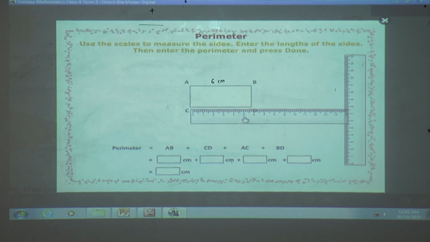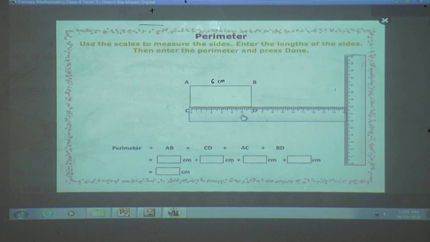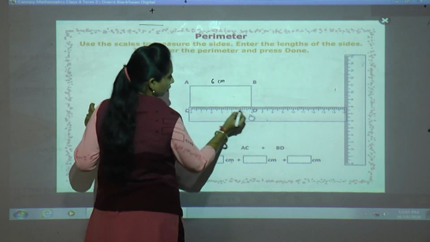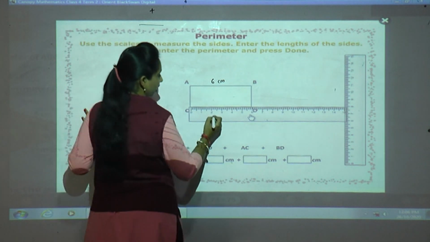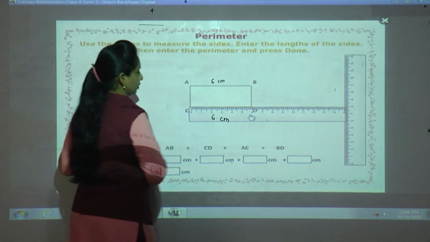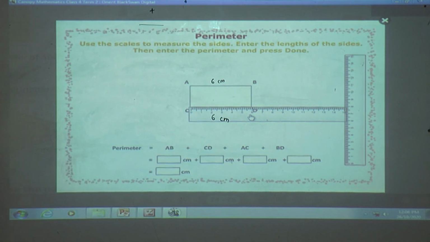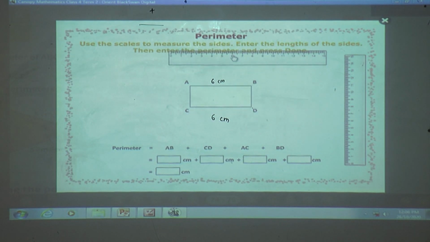See, use your scale in this way, where 0 is there, keep it at the C and see how much it is. From 0 to till D it is 6 centimeter. So here also I will write 6 centimeter. Okay. We have completed CD also.